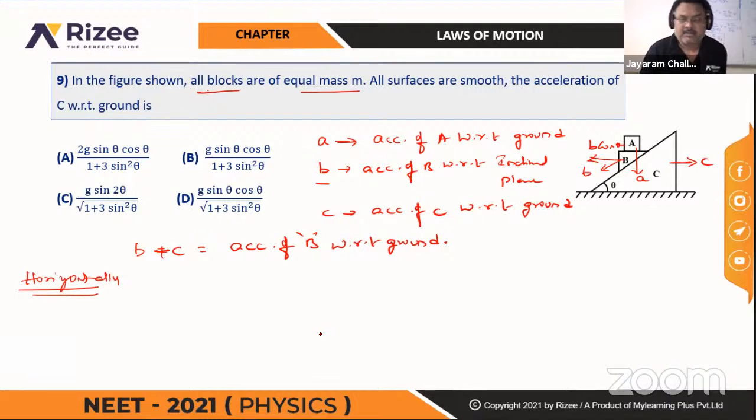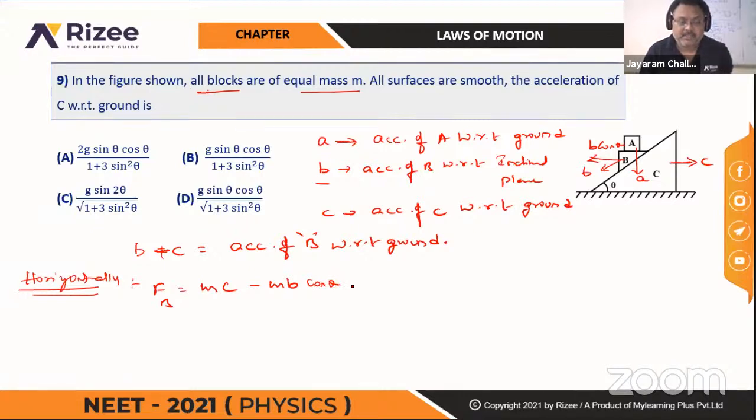So what is the resultant force? The force on B is equal to mass m times C minus m times B cos theta. This is only horizontally that I have taken.